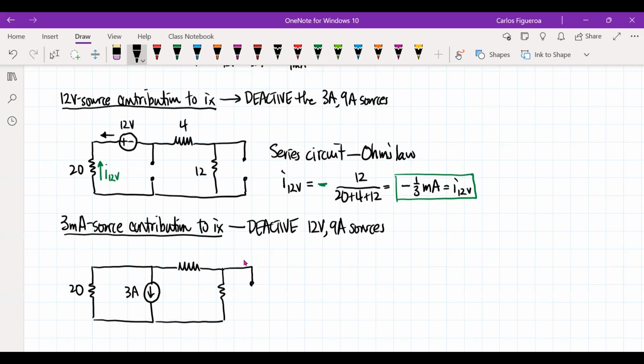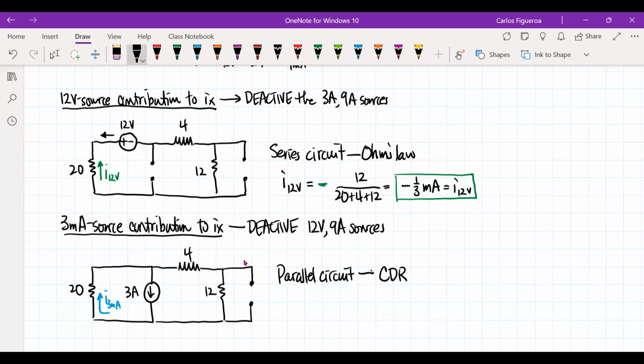And then of course I have my open right here for the 9. So again, this is 4, this is 12. Now, according to our directions, this current should be going in this direction for Ix. So this is my 3 milliamp current contribution. You can see that this is a parallel circuit, so I'm going to use CDR.